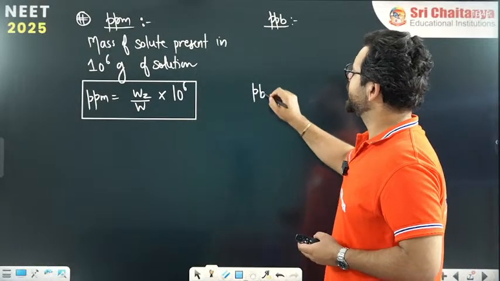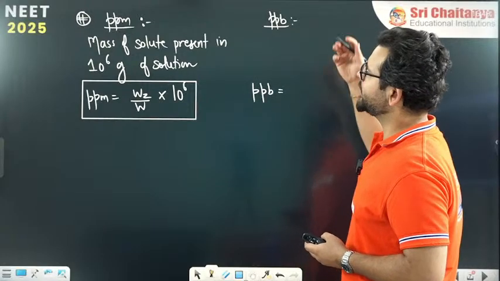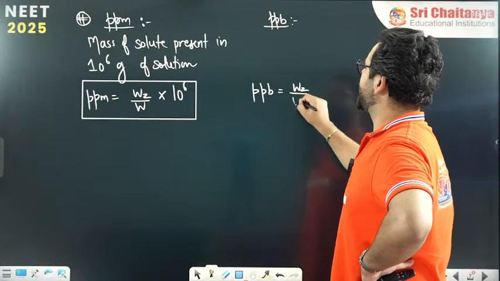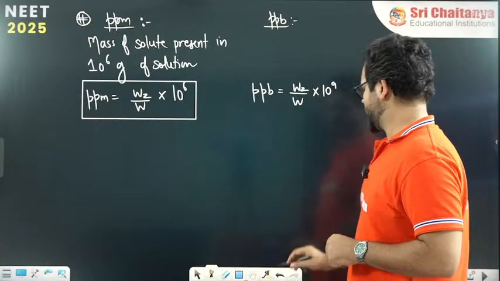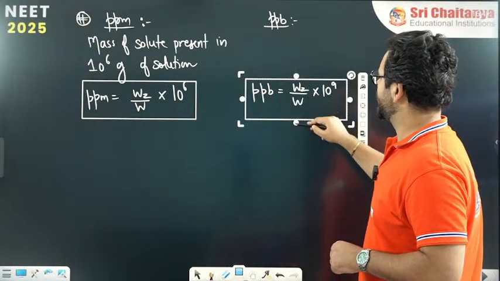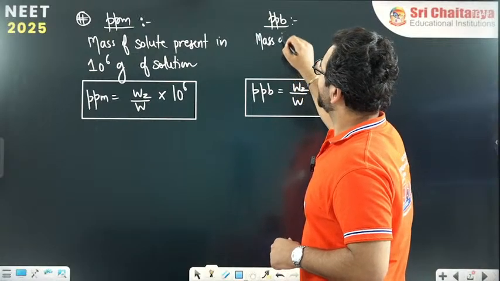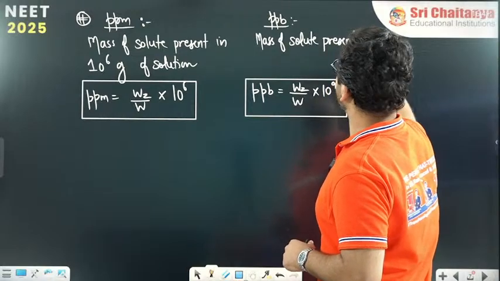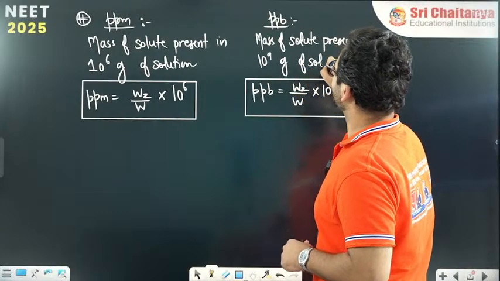So ppb means weight of solute in 1 billion grams of solution, W2 by W into 10 to the power 9. 10 to the power 9 is billion, 10 to the power 6 is million. So it is the mass of solute present in 10 to the power 9 grams of solution.